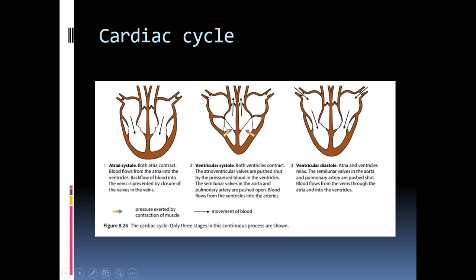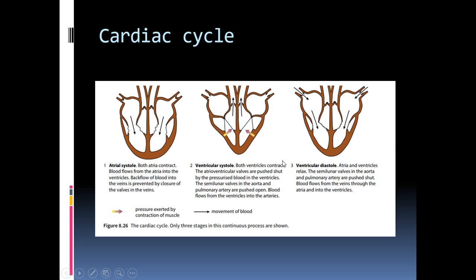You can see that the volume of the ventricles is much smaller compared to the first picture, and this shows that the wall of the ventricles is contracting, pushing the blood out of the heart into the aorta and also the pulmonary artery. Okay, so this is the ventricular systole.